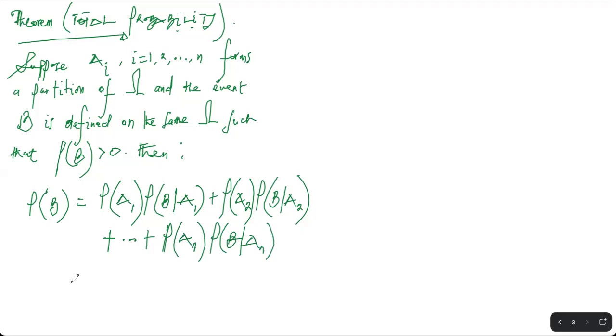And we can write this in a more succinct form as the sum of the probability of AI multiplying the probability of B given AI.